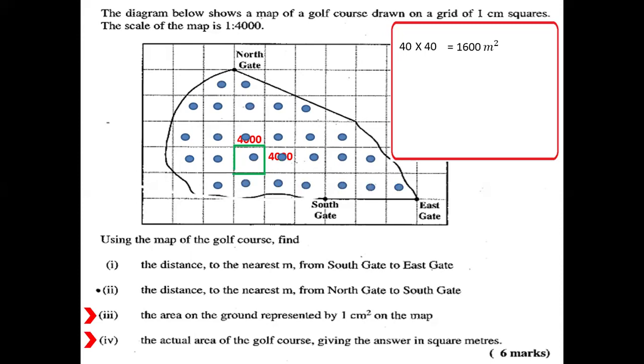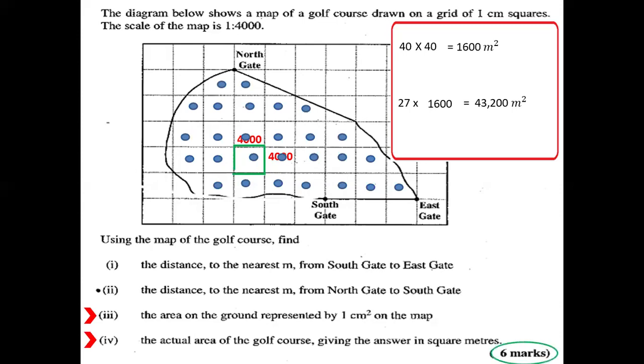And how we apply this is that you count the squares that are more than halfway covered by the golf course. Those that are not, we just exclude. So it will be 27 multiplied by the area for one of those squares. And therefore the area for the whole golf course would be 43,200 meters squared.